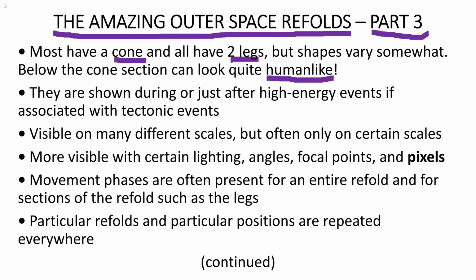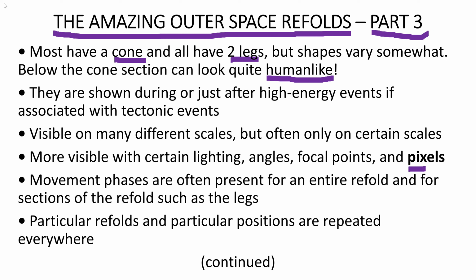They're visible on many different scales, but often only on certain scales. So there may be a time when you freak out because you can see one pretty clearly. And then you go back to it later on Google Earth and you're like, where'd it go? So these slides will help you at least understand how to find these things because they're not always easy to find. They're more visible with certain lighting, angles, focal points, and pixels.